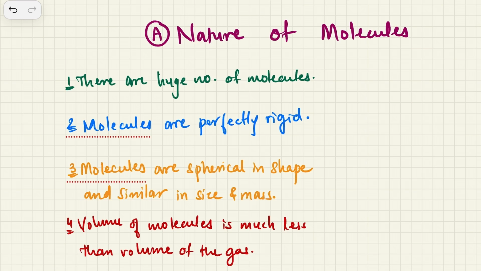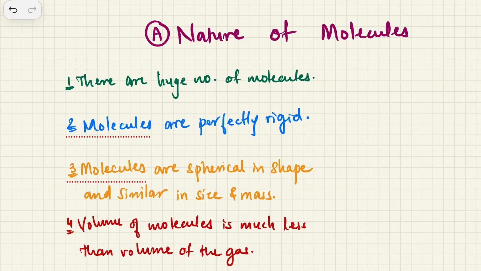The first assumption is there must be a huge number of molecules in a gas. Whenever you are going to consider a gas in a container, and if you are applying kinetic theory, then we should always assume that there is a huge number of molecules, and we are not going to consider one or two molecules, or let's say 1,000, 10,000 molecules.